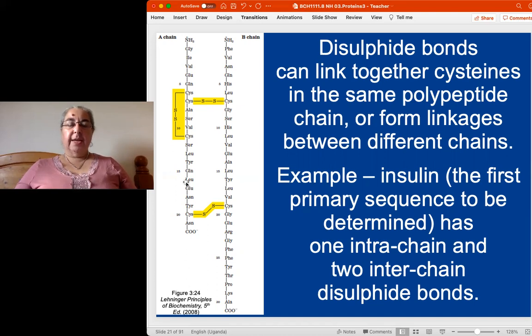These sulfur bridges are very important in allowing insulin to form its correct structure, which allows it to carry out its correct function. I hope you know that insulin is an important hormone. It's important in regulating sugar processing in the body. It's what's missing in diabetic people. So here is insulin, and here are the disulfide bonds.